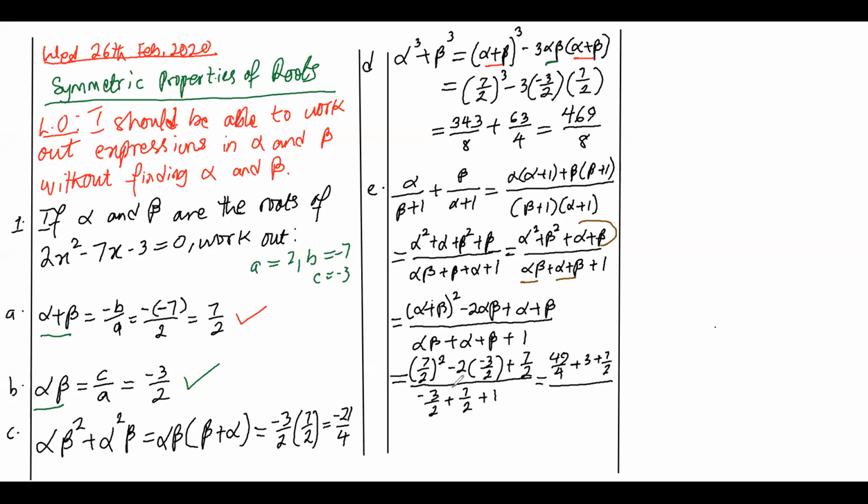Divided by this. We can combine. What is this? Is that 3? Yes. Okay, so combine this. Use your calculator to combine that fraction. What do we have? 75/4 is what I got. 75/4.